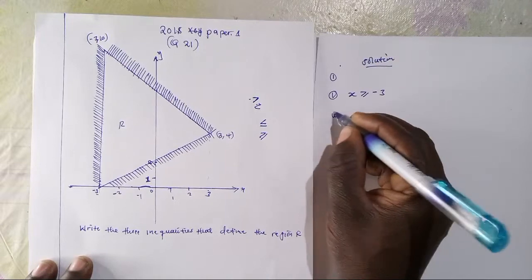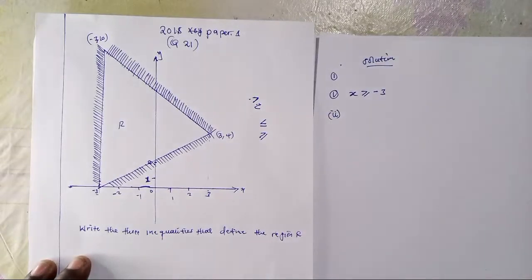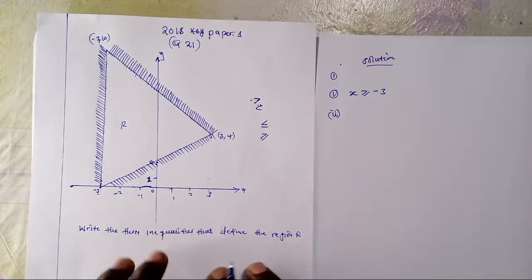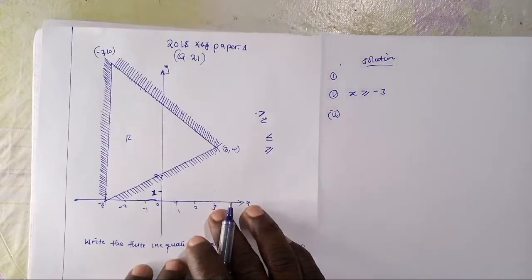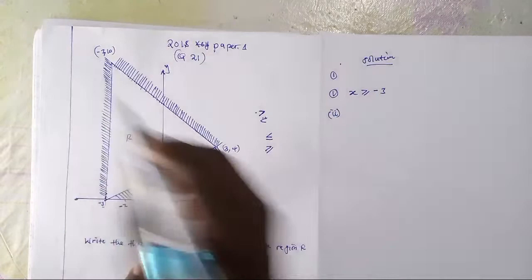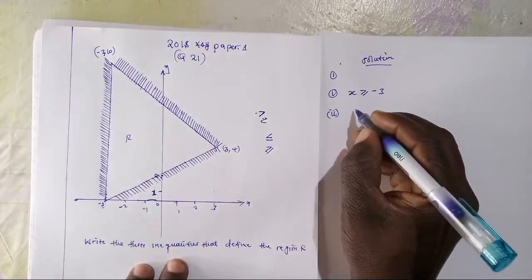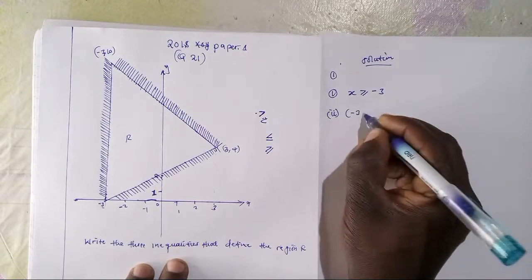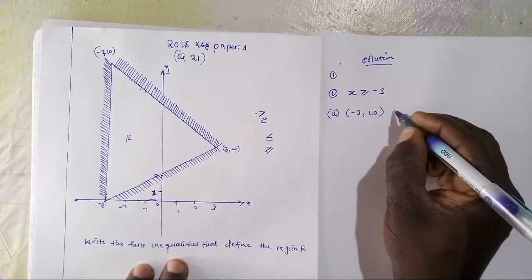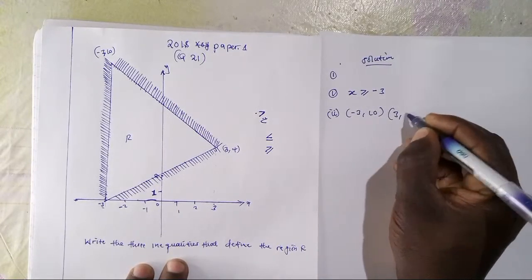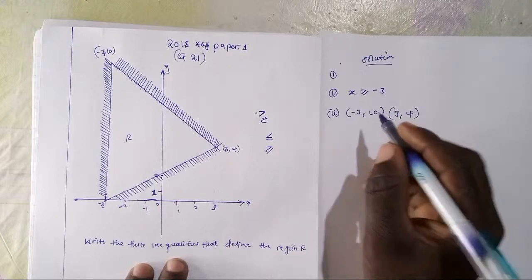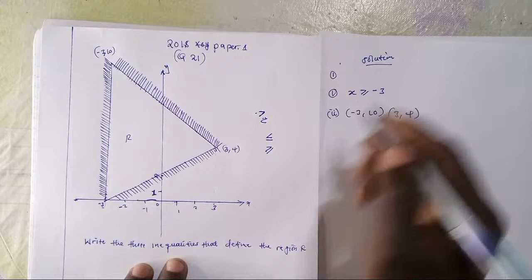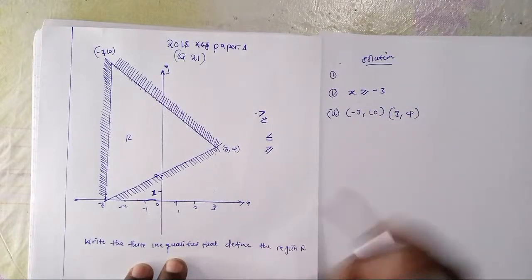For number 2, for us to consider the inequalities, we must get points on the line which we are having here. Here we have (-3, 10) and (3, 4), right? Then we must use the equation of a straight line to find the other inequality.